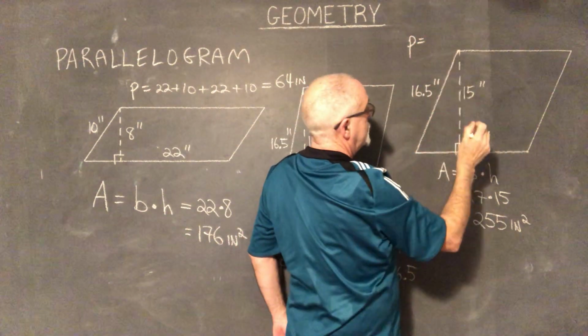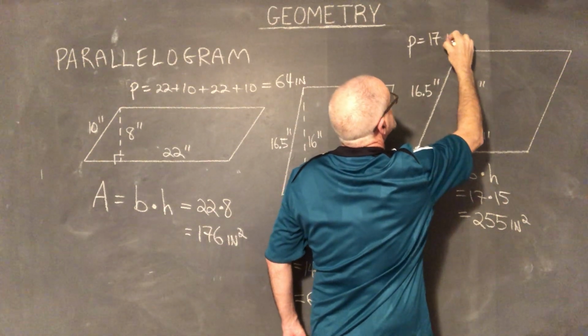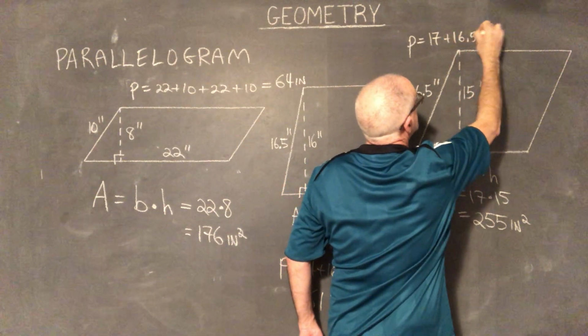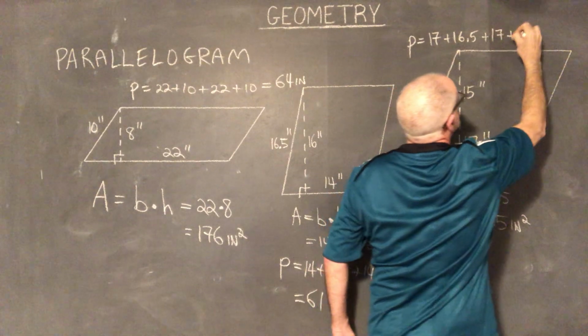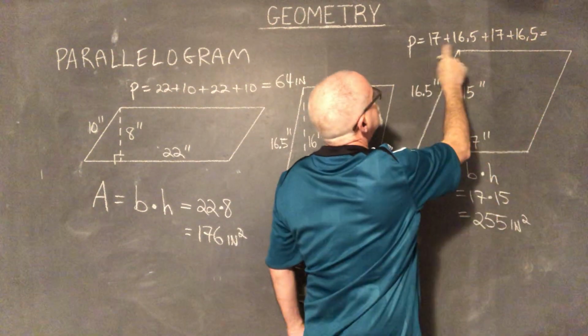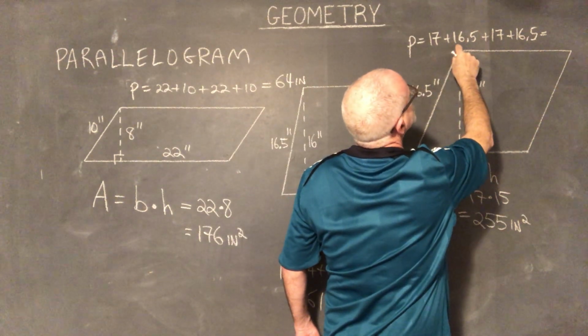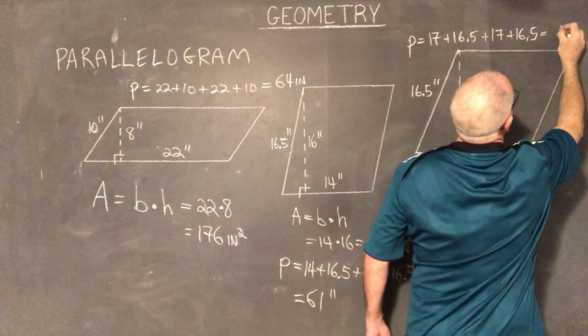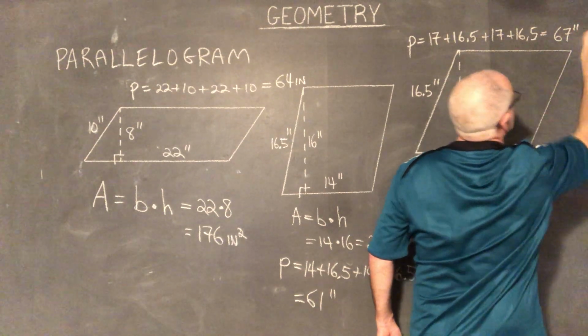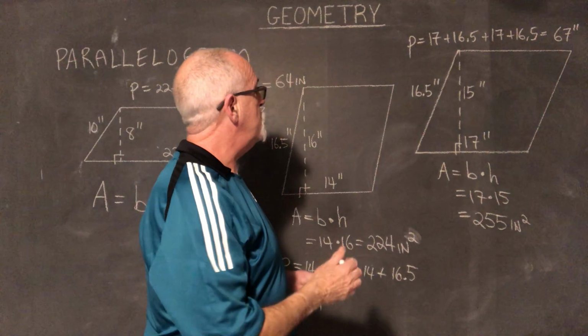Perimeter equals 17 plus 16.5 plus 17 plus 16.5, and that's going to give me what? 10, 20, 30, 40, 47, 54, 60, 67? 67 inches. Did that fit in the rectangle? Oh, just barely fit. Okay, that's good.